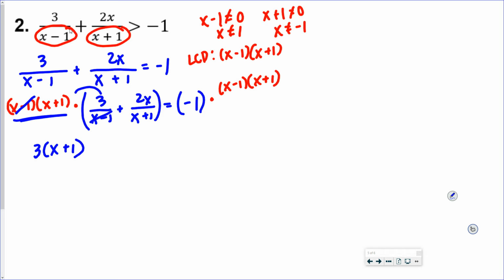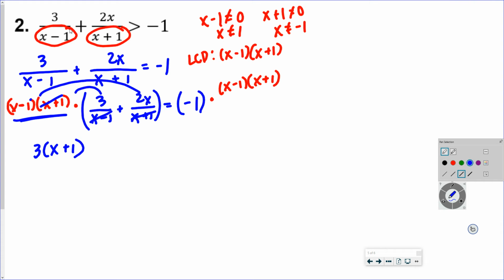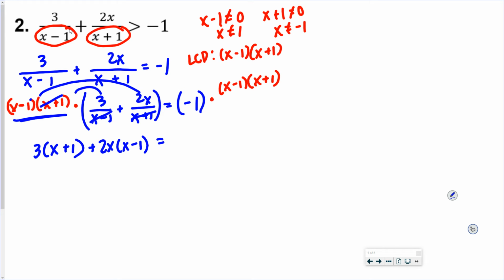Now, when I distribute that to the second term, the x plus 1s cancel. So I'm left with 2x times x minus 1. Remember doing this? Over here, I have negative 1 times all that. Nothing cancels.